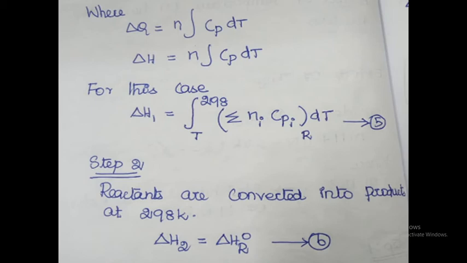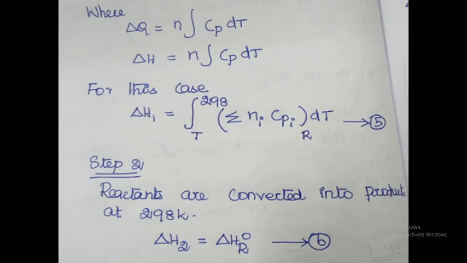So that's why we use the summation of Ni into Cpi. Are you clear on that? Okay. Capital R represents reactant. So for this case, it is the cooling process from reactant at T to reactant at 298 Kelvin.